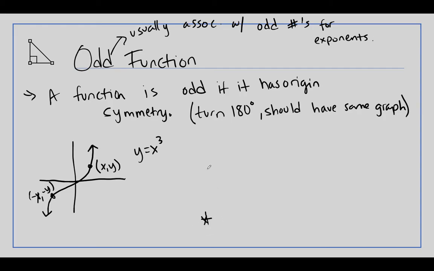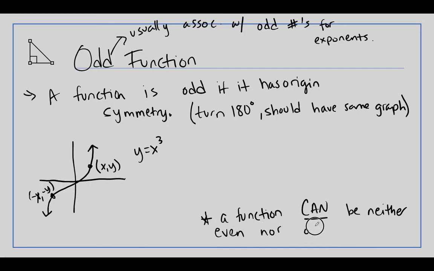It doesn't have to fit into either of these categories. So don't worry if, let's say, you go through it and you're like, well, it's not even and it's not odd. That's okay. That can be an answer too.